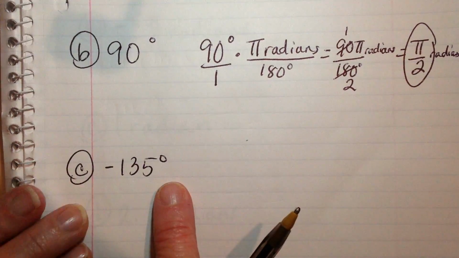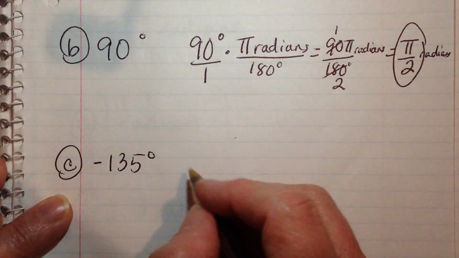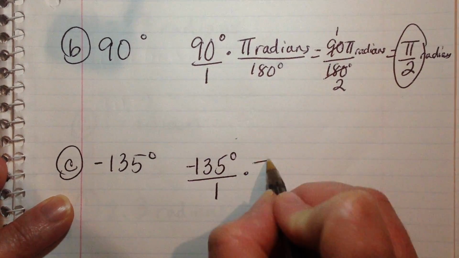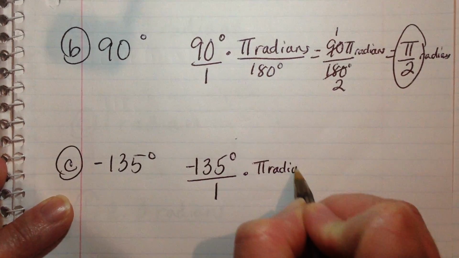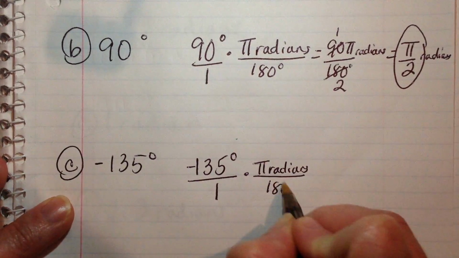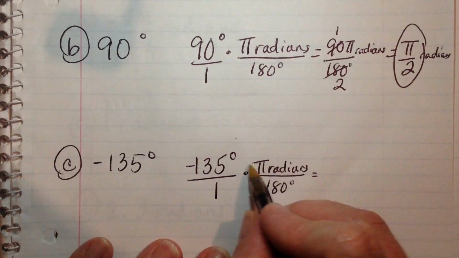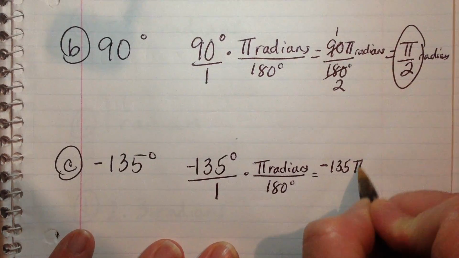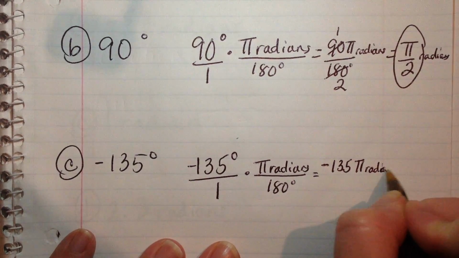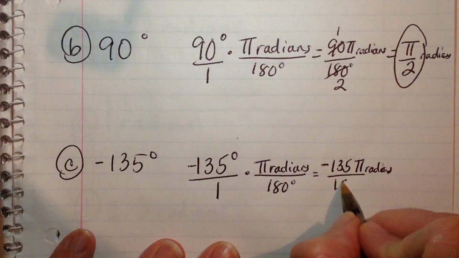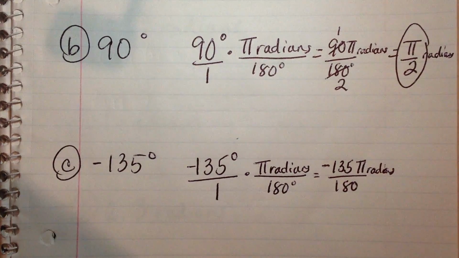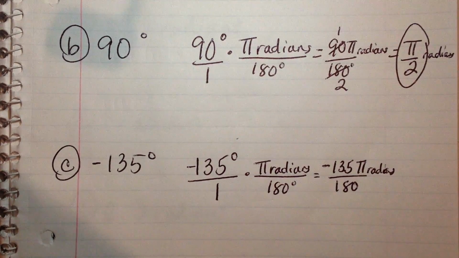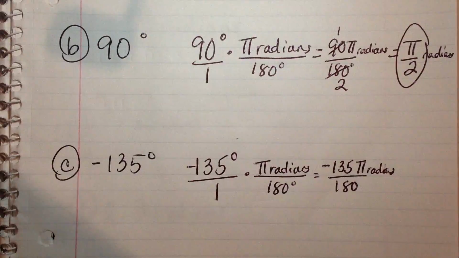Now let's look at negative 135 degrees. So take negative 135 degrees over 1 times pi radians divided by 180. If you multiply straight across, you get negative 135 pi radians over 180. Now we want to find the largest number that will divide into 135 and 180.